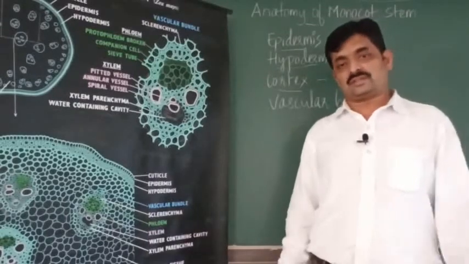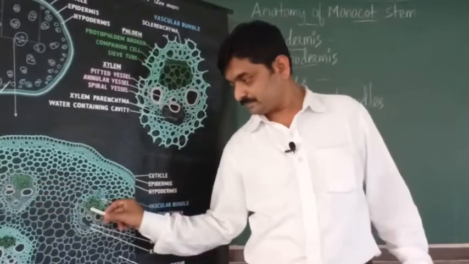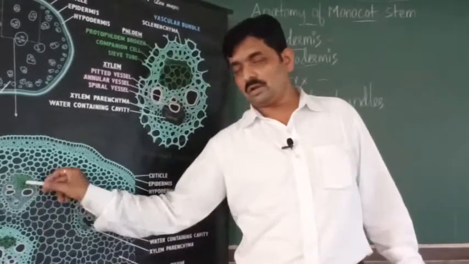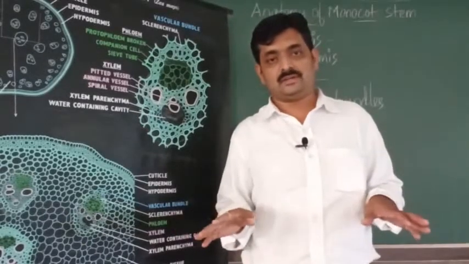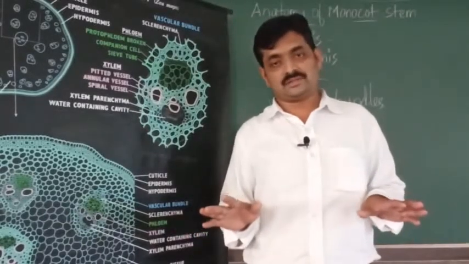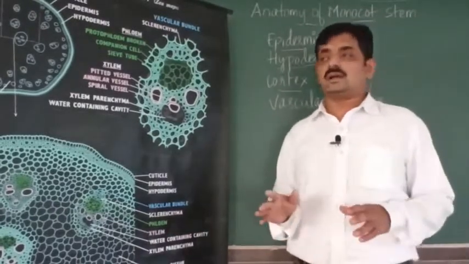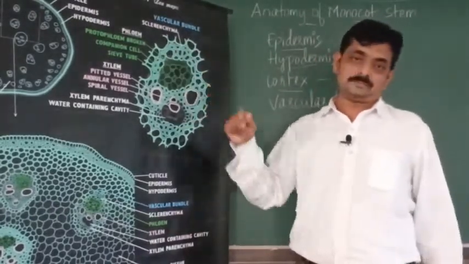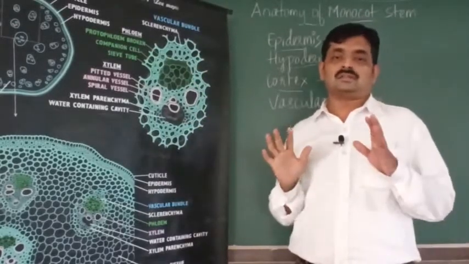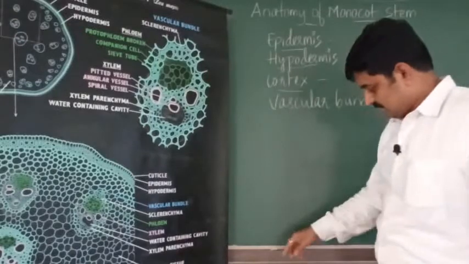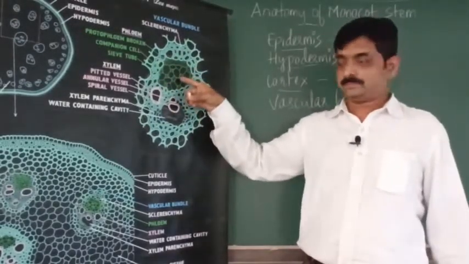In the cortex, there are vascular bundles. So these are all vascular bundles which are scattered or spread in the cortex. Now if you consider the structure of a single vascular bundle, it is composed of, this green colored part, that's called phloem.